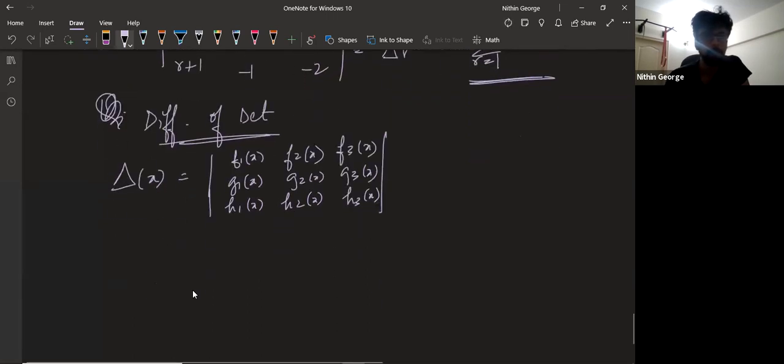Okay, how do you differentiate this determinant? Just understand this much, okay?